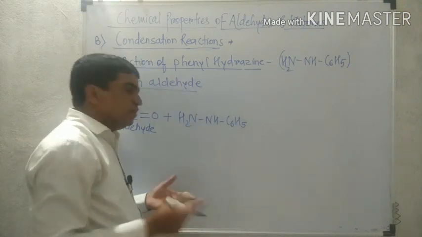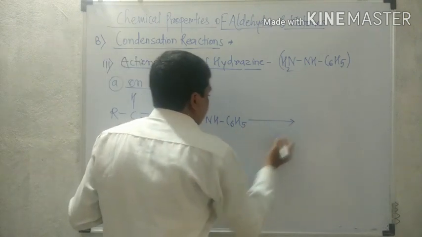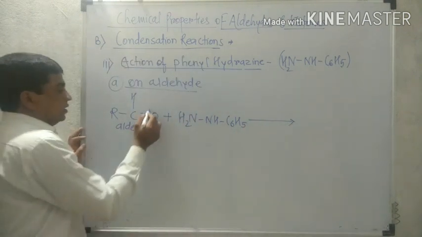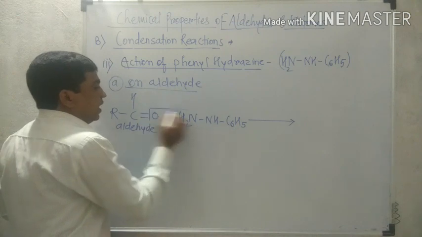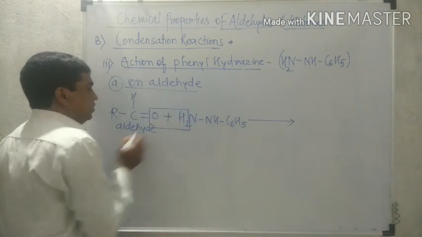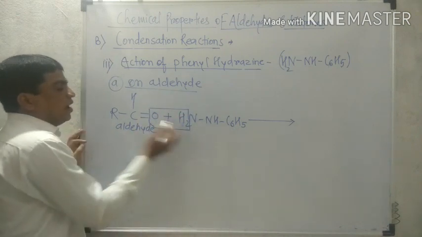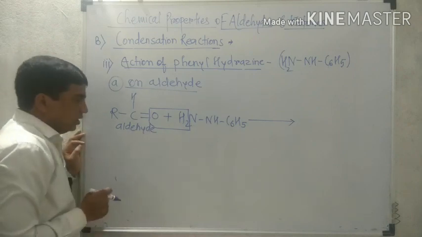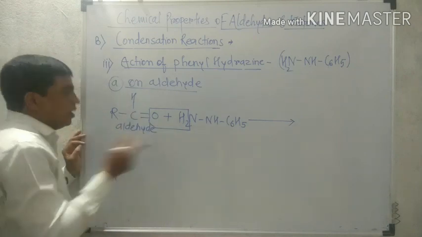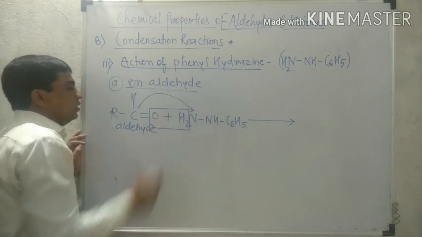We can draw the benzene ring for C6H5. In this reaction, H2O forms as a byproduct, and the double bond forms with nitrogen.